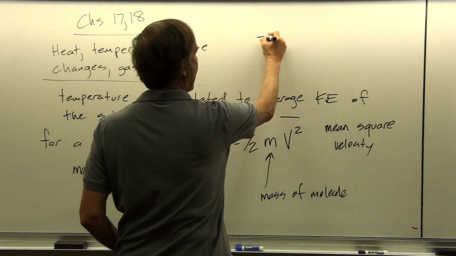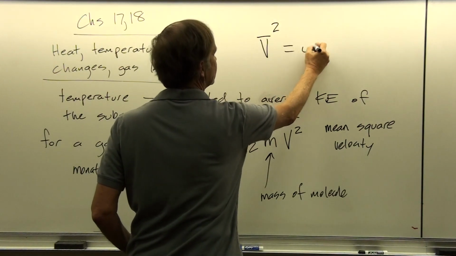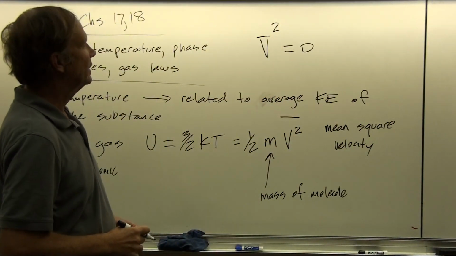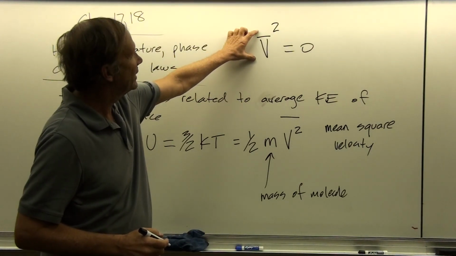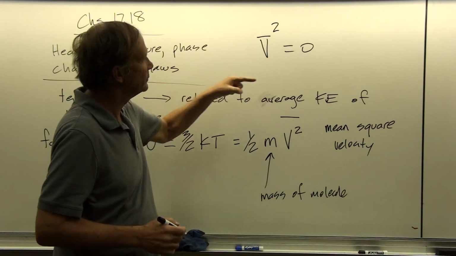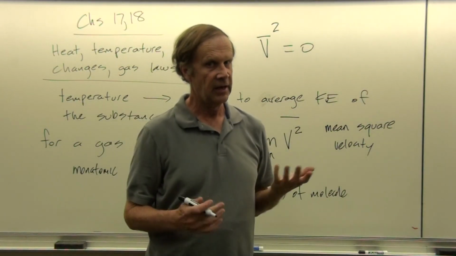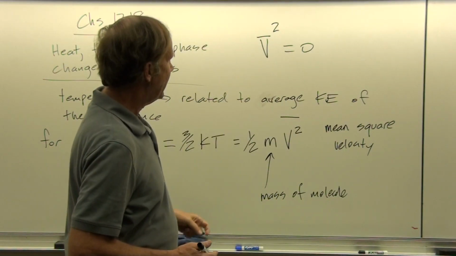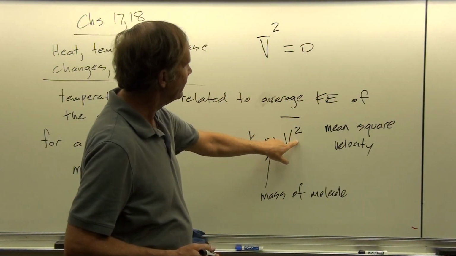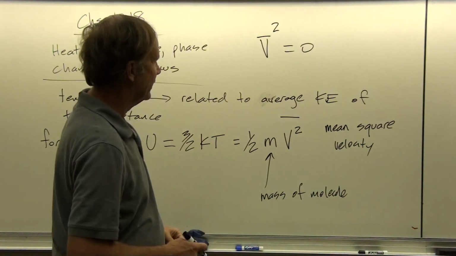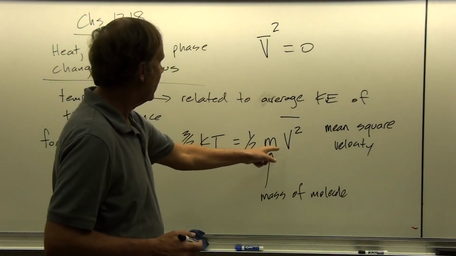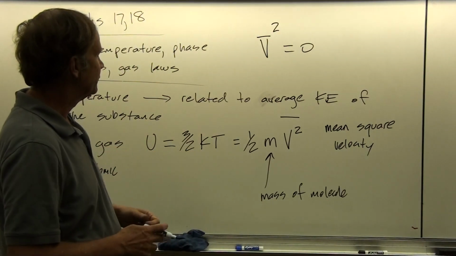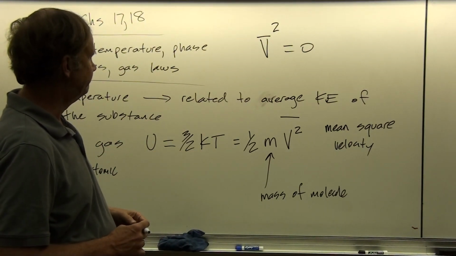The average velocity squared is 0 because the molecules have an average velocity of 0 in the x, y, and z directions because there's as many molecules going in one direction as there is in another. But if you square it first and then take the average value, then that's not equal to 0, and that's an indication of the internal energy of the molecules in the gas.